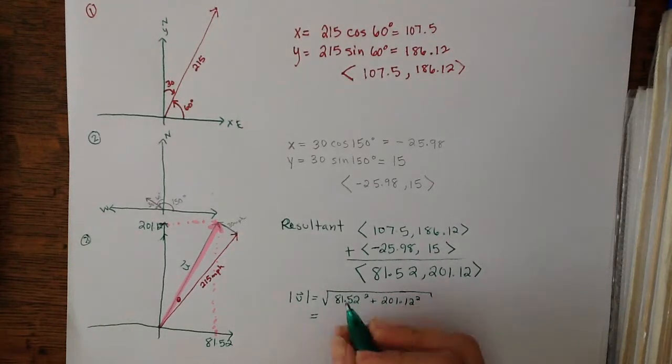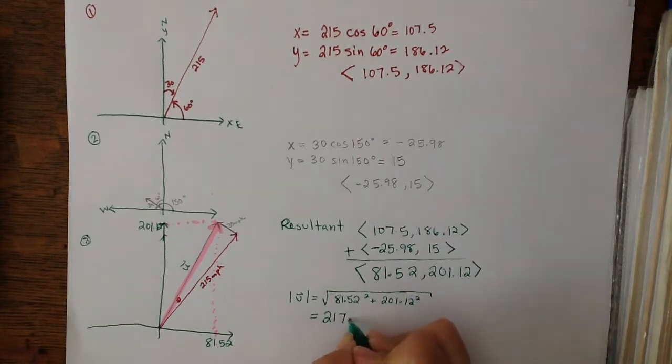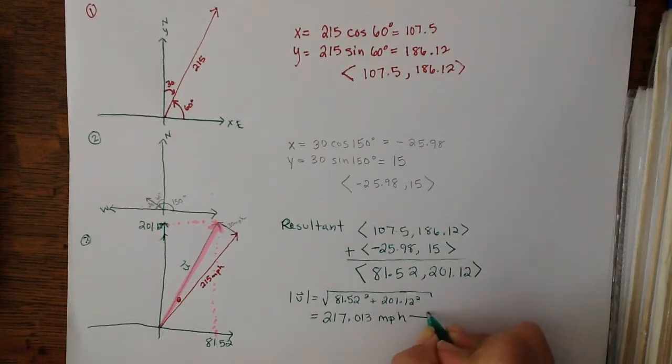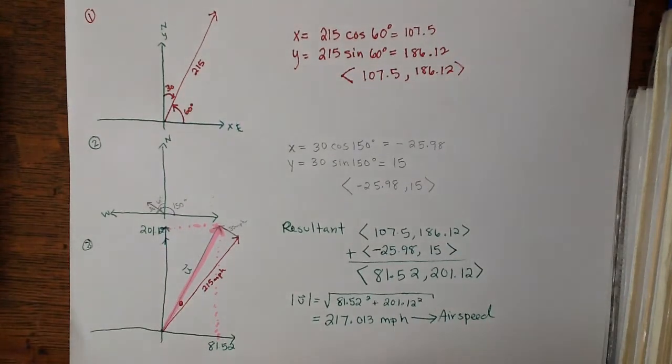Using my calculator, I find that the magnitude of this vector is 217.013 miles per hour. This represents the actual airspeed of the plane.